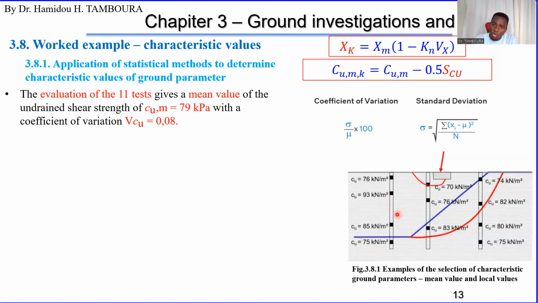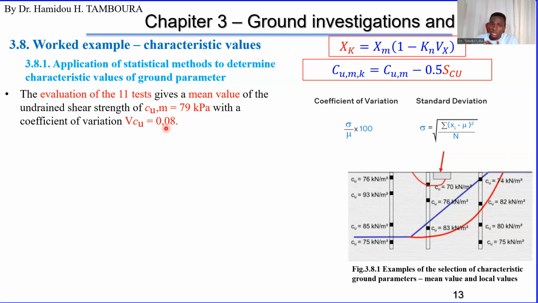You do everything for all the values, adding everything, and divide it by the total 11 samples. And of course, you use the square root after that. Then you will obtain the standard deviation value. And if you obtain the standard deviation value, divide the standard deviation value by the mean value. Okay. And you will obtain this coefficient of variation.